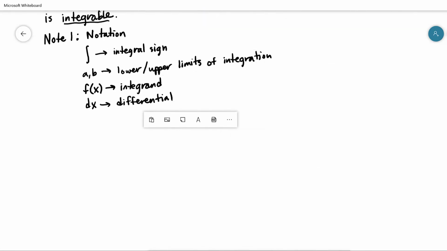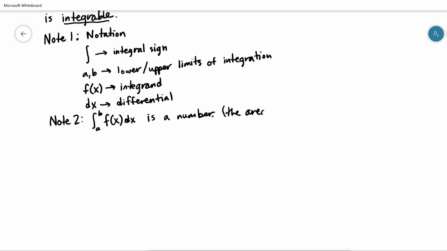Let's do some additional notes. Oh, this is an important idea. Note number 2. Our definite integral that looks like this is a number. That number is whatever the area happened to be.